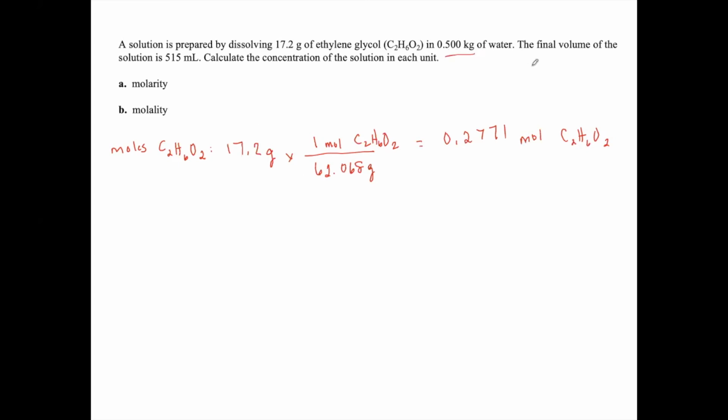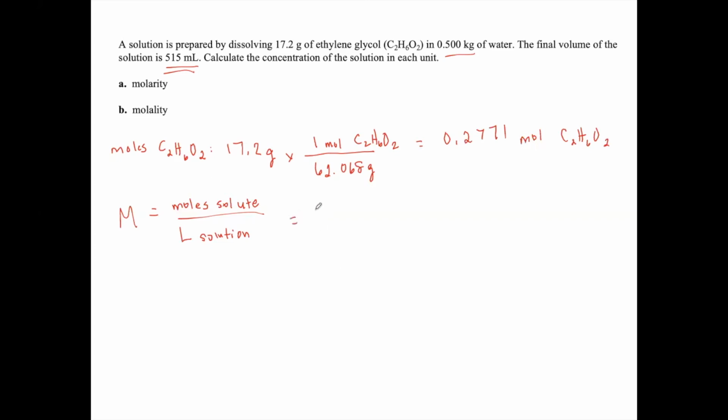Now, 0.5 kilograms of water. The final volume of the solution is 515 milliliters. So remember, molarity is moles of solute, the thing that's being dissolved, over liters of solution. The volume in liters. So 515 milliliters is 0.515 liters, right? Divide by 1,000.